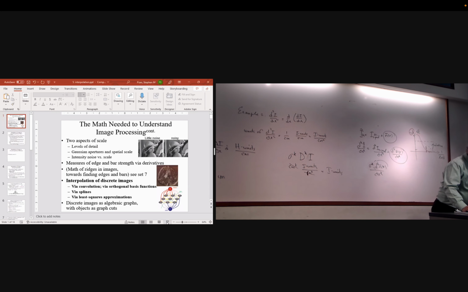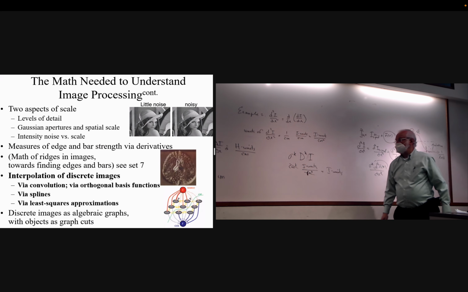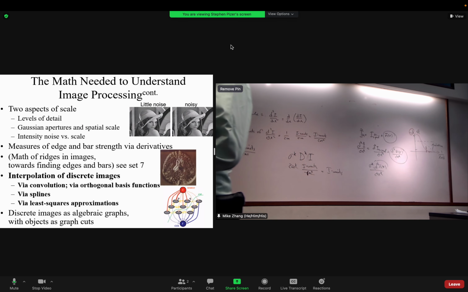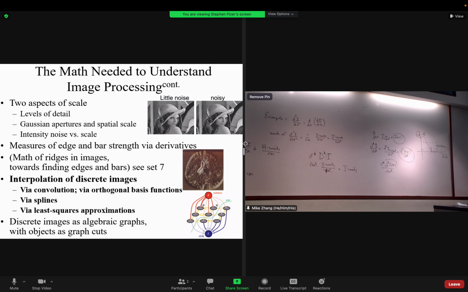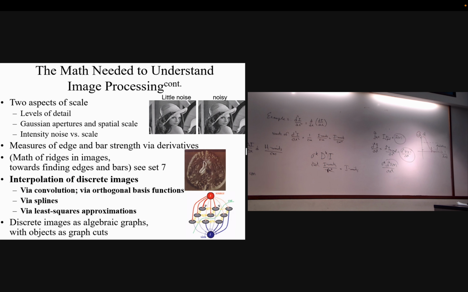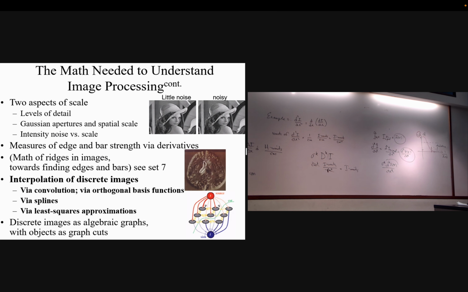We now move to a new section of the course. The topic is interpolation. And we're going to talk about interpolation via convolution. And we do convolution by orthogonal basis functions, especially the Fourier basis functions.